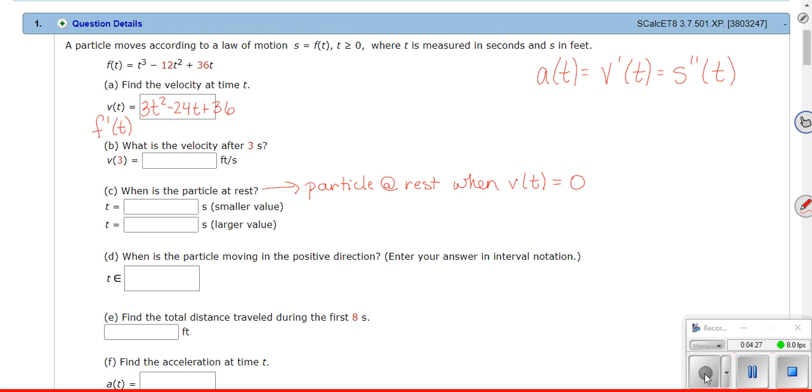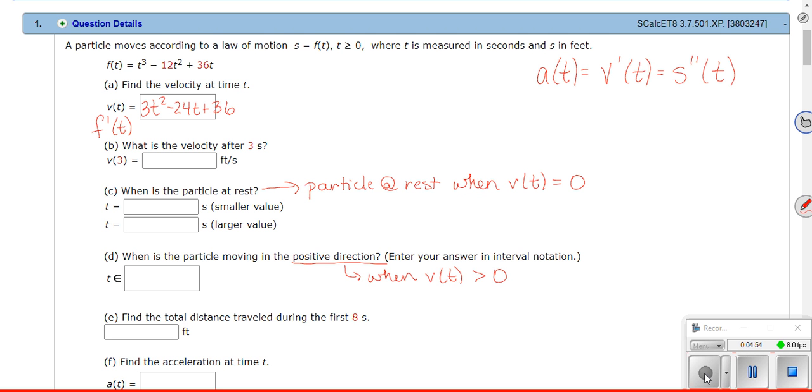It says, when is the particle moving in the positive direction? The particle's moving in the positive direction when v of t is greater than 0. When your velocity is greater than 0, you are moving in the positive direction. Once you figure out what interval that is, it says enter your answer in interval notation.